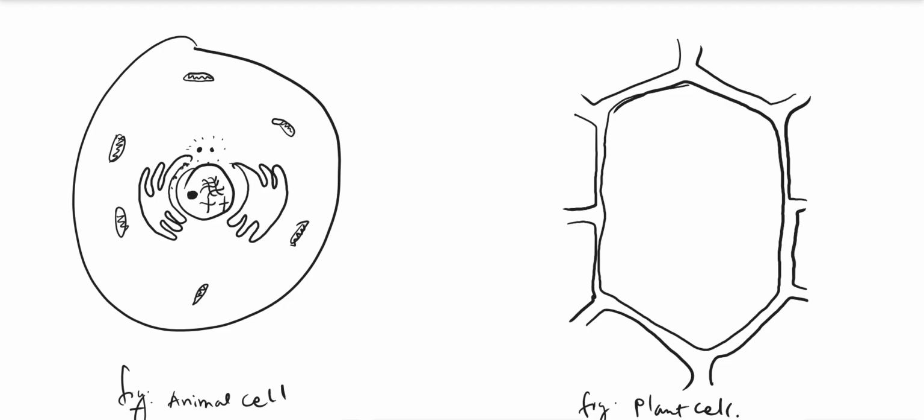Basically there are two types of endoplasmic reticulum. One is rough endoplasmic reticulum, another is smooth endoplasmic reticulum. The endoplasmic reticulum which contains ribosomes is rough endoplasmic reticulum, and the one which does not contain ribosomes is known as smooth endoplasmic reticulum.